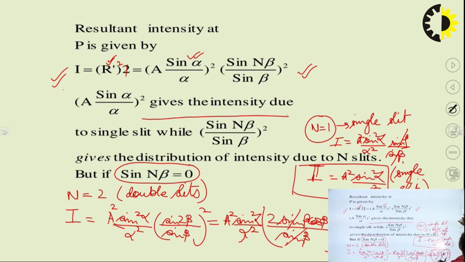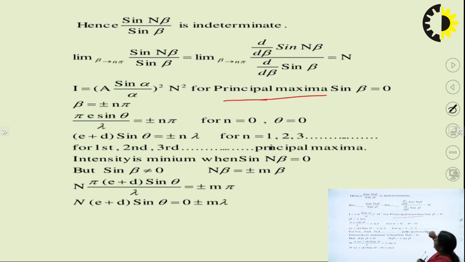But there are some problems. If we take that value, sine beta vanishes, then this sine n beta by sine beta becomes indeterminate. All right. So that will be a problem, and we first have to solve that problem. How do we do it? We apply the limit that beta is tending to n pi.